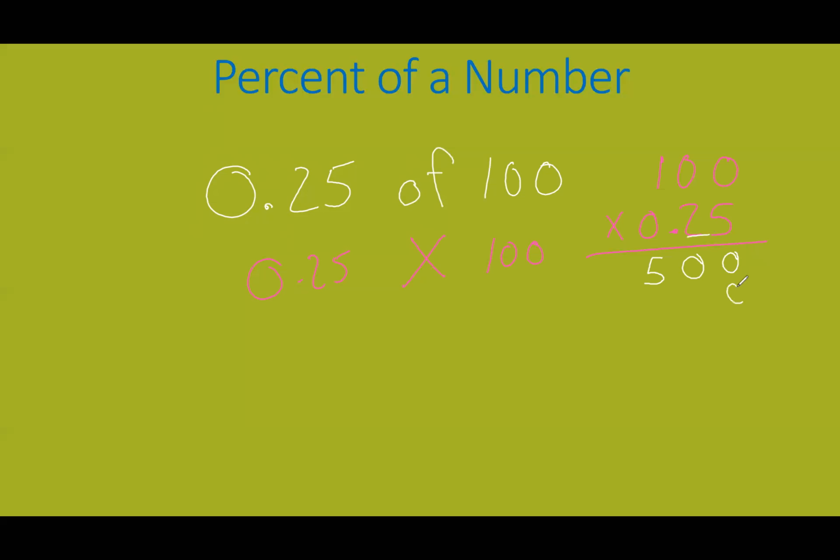Now I'm in my tens place. 2 times 0 is 0, 2 times 0 is 0, 2 times 1 is 2. And because I'm multiplying, I need to count my decimal places. Oh, let me add first. Oh my goodness. 2500. And now I'm going to count my decimal places. 1, 2. That means my answer has to have 1, 2, and my decimal goes there. So my answer is 25. 25 hundredths of 100 equals 25.